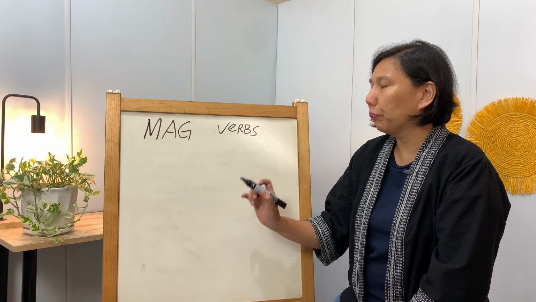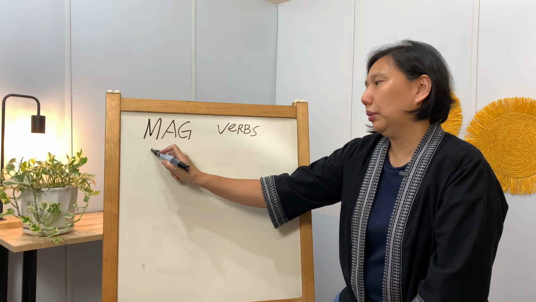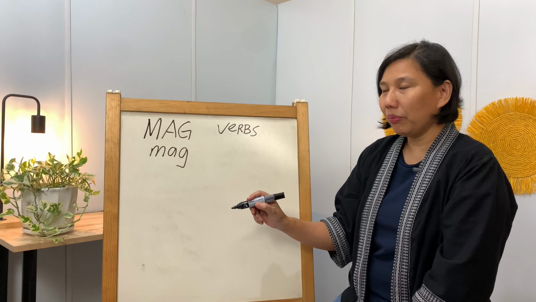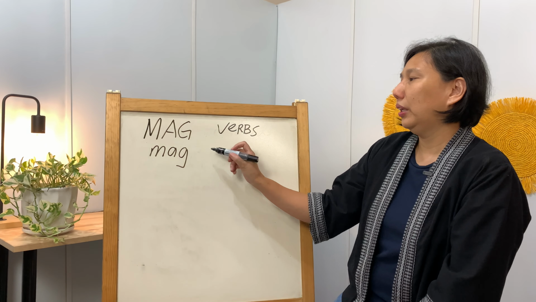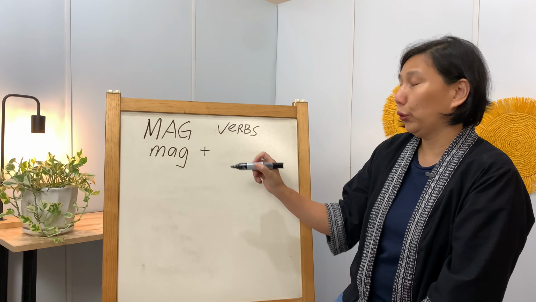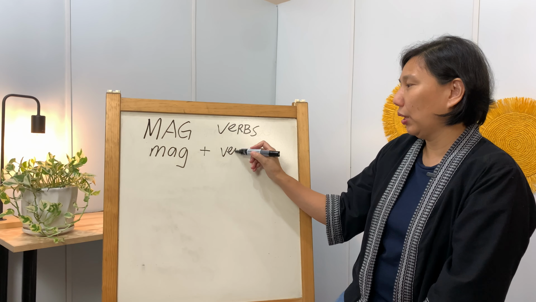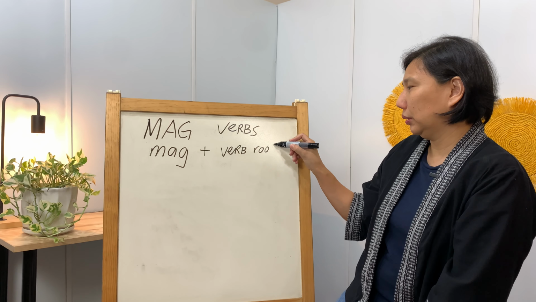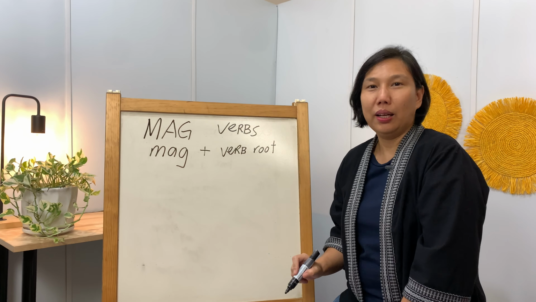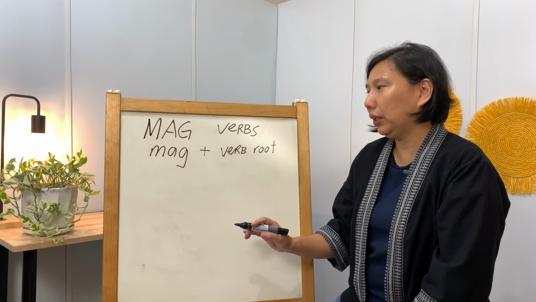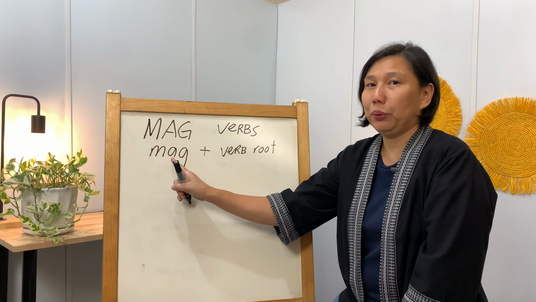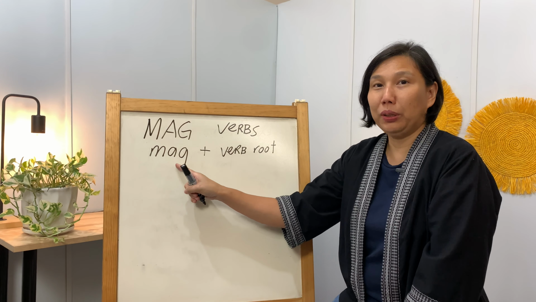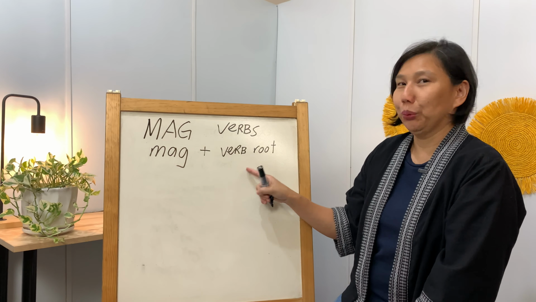You put the mag as a prefix and then you attach it to the verb root. So to form the infinitive, you make mag a prefix and attach it to the entire verb root.